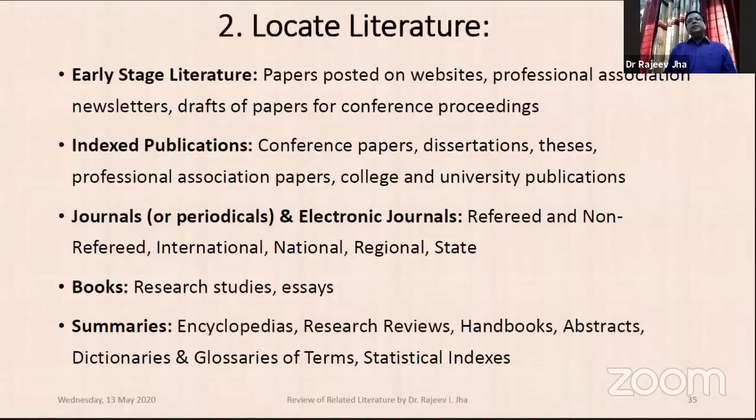Index publications involve conference papers, dissertations, theses, professional association papers, college and university publications. Journals or periodicals and electronic journals include refereed and non-refereed, international, national, regional, and state level journals. Books include research studies and essays.